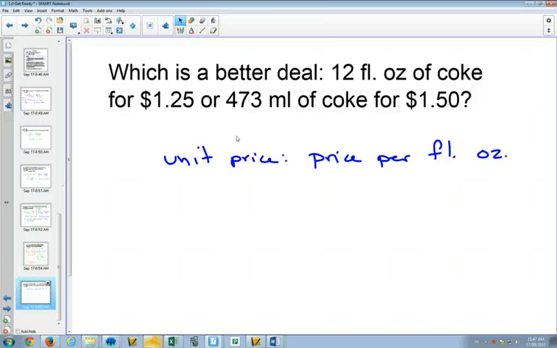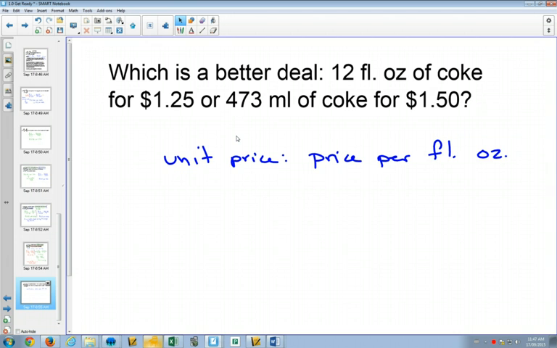We're going to pretend we're Americans so that we understand this better. Normally in Canada, probably at Superstore for something like this, they would give you the price per 100 mils. But you could also figure out the price per 1 milliliter. But we're going to choose the price per fluid ounce.